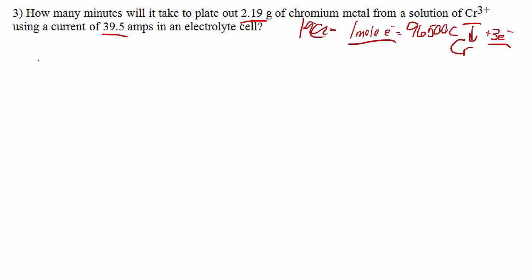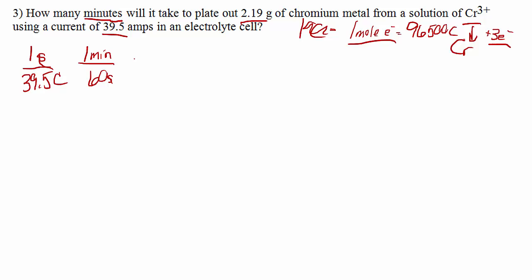So let's do a little math. I got 1 second giving me 39.5 coulombs. Now you may have asked, how come I put seconds on top? Because I know I'm going to solve for minutes, so I put time on top. I know 1 minute is 60 seconds, so seconds cancel out and I'm left with minutes, which is what I'm trying to solve for.